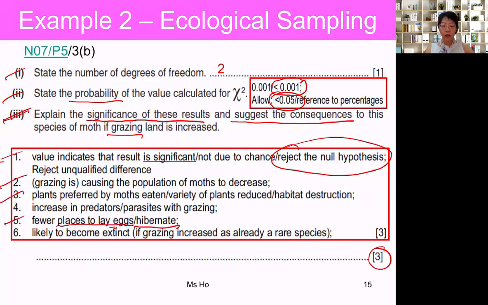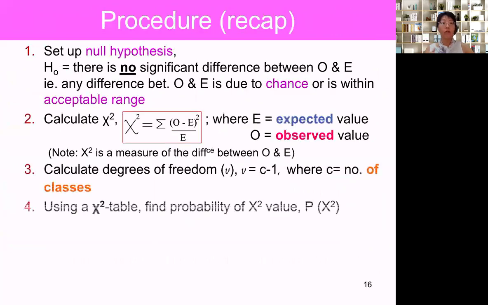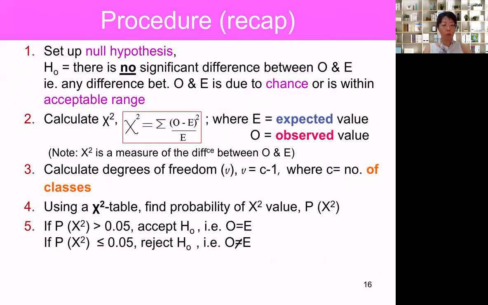Okay, so I'll put everything together now. What are the steps involved in doing the chi-square test? Step number 1, you have to give your null hypothesis statement that there's no significant difference between O and E. That means O equals to E. Okay, then calculate the chi-square value, then calculate the degrees of freedom, then use the chi-square table or the critical chi-square value to find the probability of your chi-square value, and compare it with the probability at 0.05.